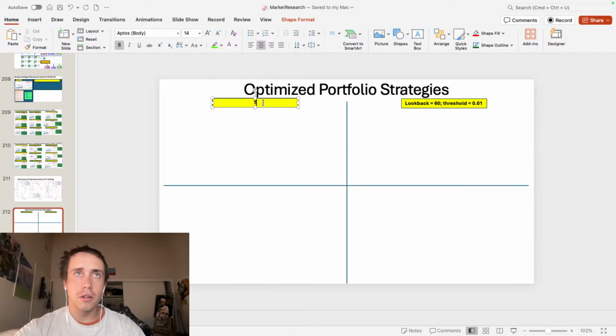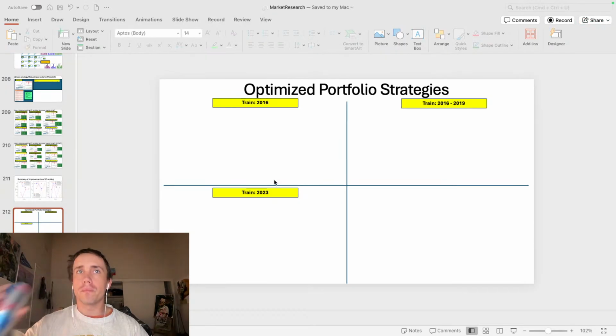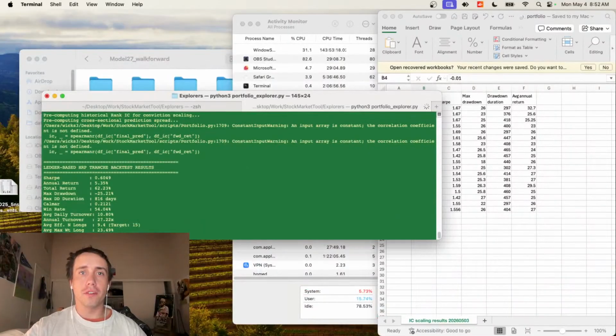All right, so this one's going to be... oh, I forgot to turn the optimization on.